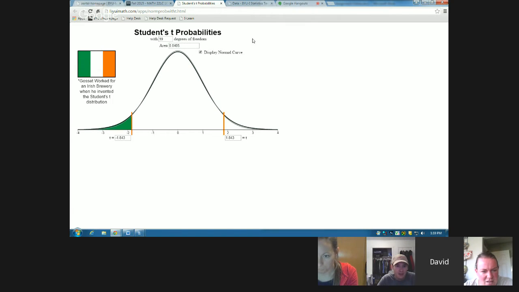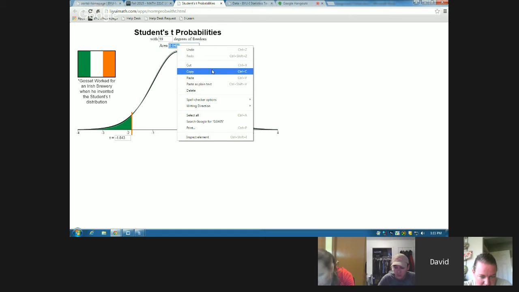And then you put in the t is negative 1.843, and that gives you the area of 0.0405. Yep, 0.0405. Well, we're only supposed to round to 3 decimal places, so it'll be 0.041.